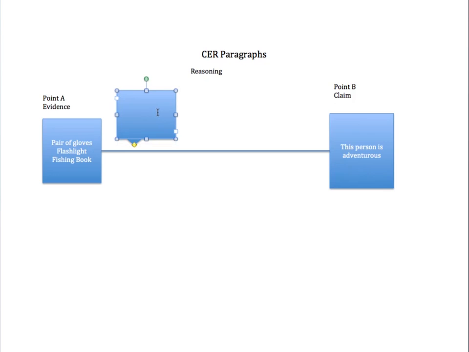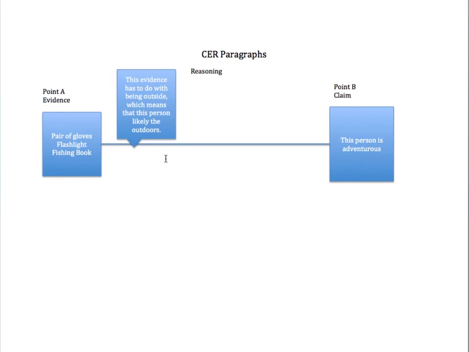So I'm going to start by explaining what this evidence has in common. Well, I noticed that all of this evidence has to do with the outdoors or being outside, which means that this person likes the outdoors, most likely. Okay, that was my first thought. That's what I noticed about this evidence.